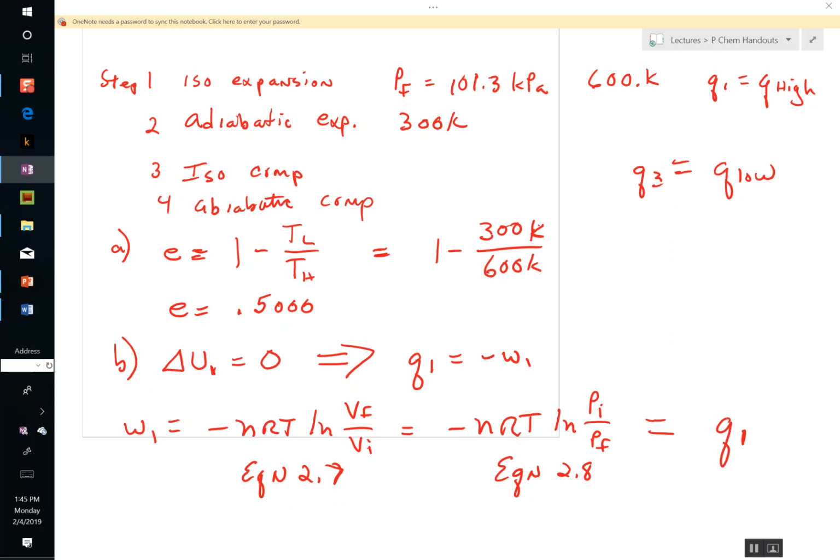You have to change the sign. You're going to get work 1, but the sign of the Q1 is going to be the opposite of that. But yeah, so these reach back into chapter 2.